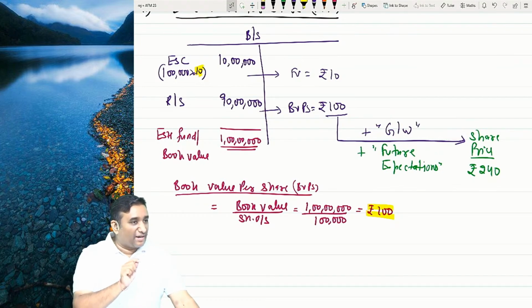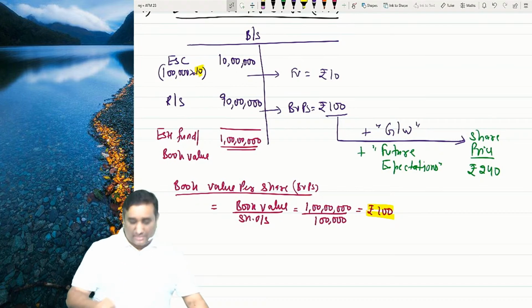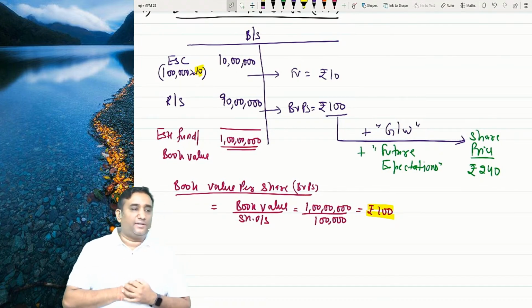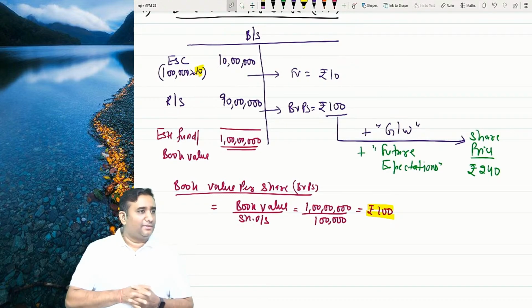If you find book value or price by book value ratio, PB, if I ask you what is the price by EPS ratio, how do you calculate? P ratio, how do you calculate? Price by EPS. Price by book value, how do you calculate?